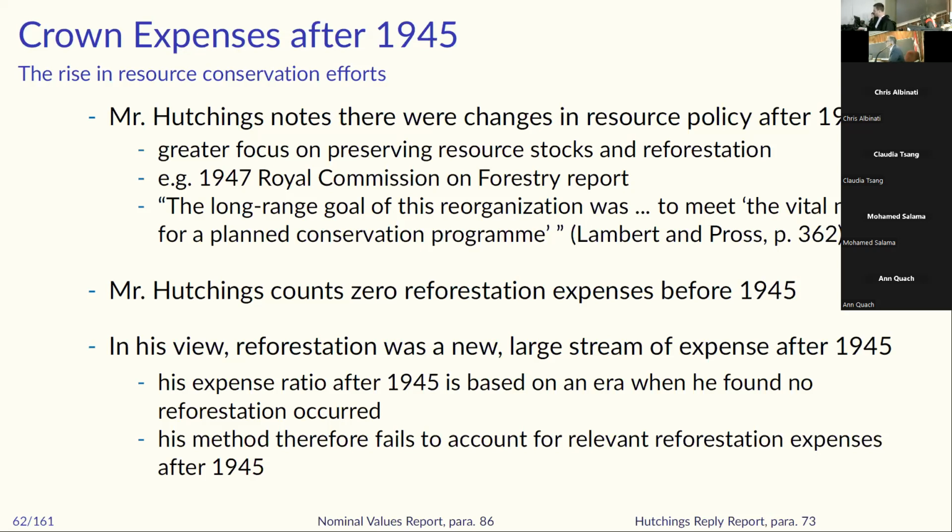So the administrative history says this happened beginning in 1943 to meet the vital need for a planned conservation program. We agree. We agree the department started to spend more on reforestation and other aspects of forest management intended to conserve and enhance the timber resources on Crown lands.